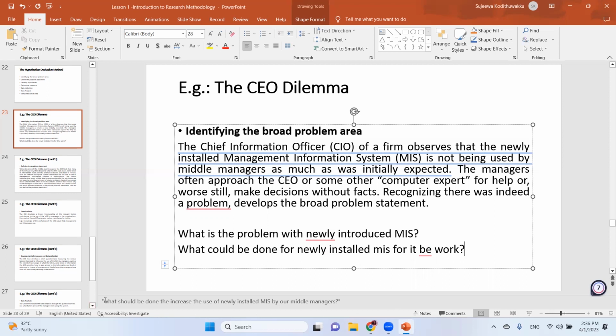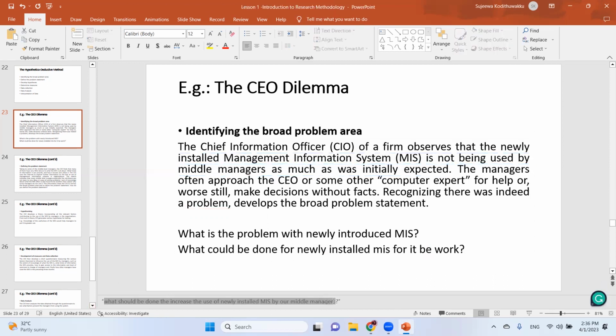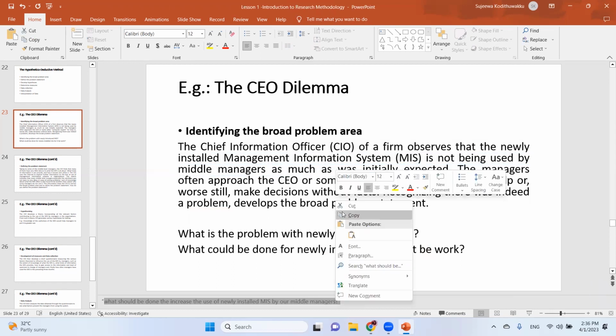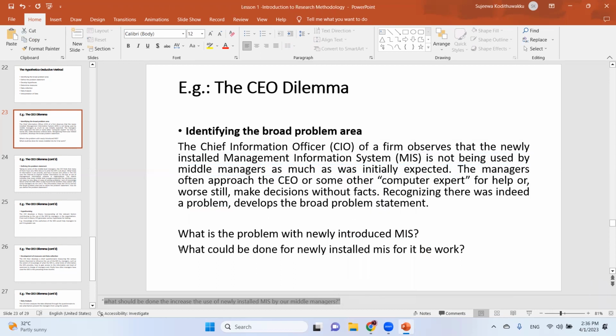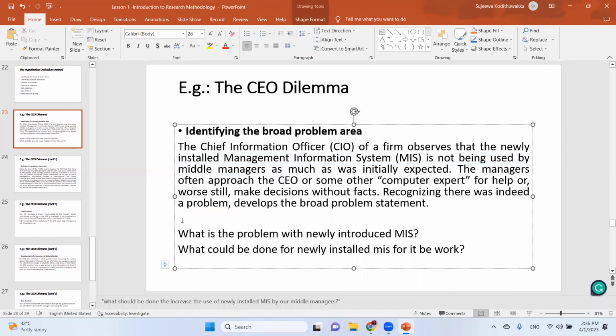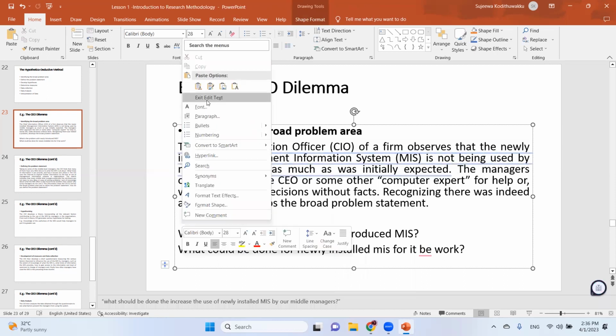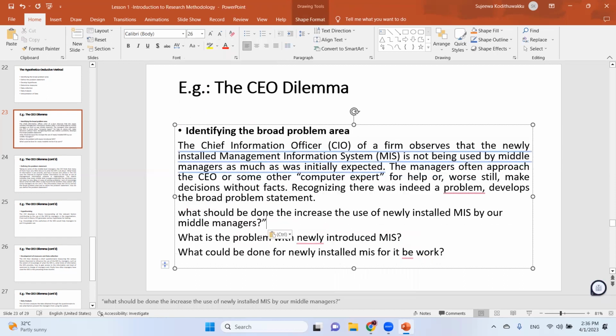I will give it. Now, check this. Remember, this is the research problem in this case: what should be done to increase the use of the newly installed MIS by our middle managers?